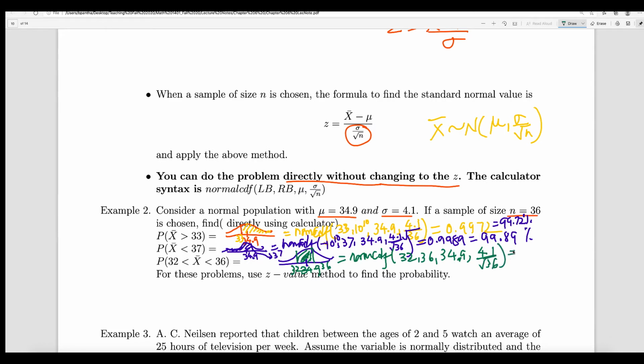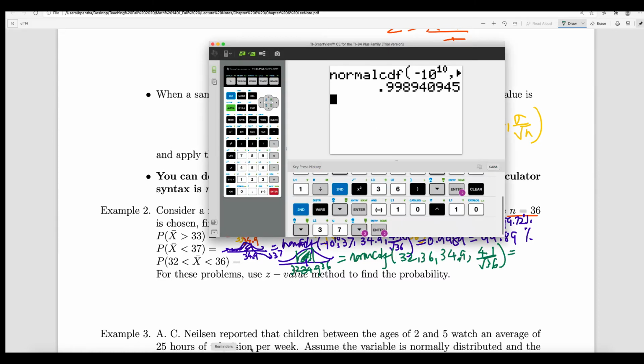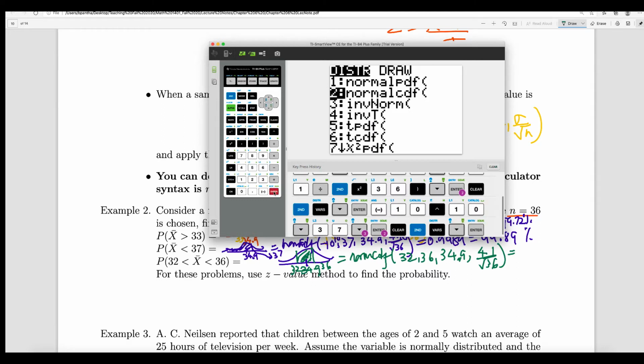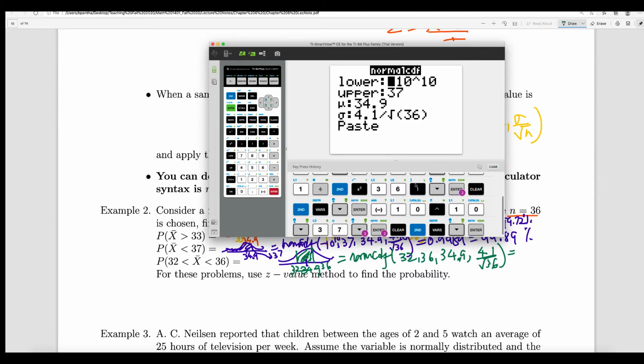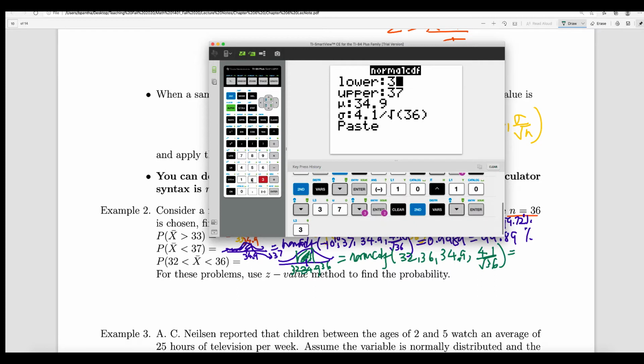If you use the calculator, what do you get? Let me clear that. Go to second vars, normal CDF, hit enter. The lower bound here is 32, and the upper bound is 36. Mean is 34.9. The standard deviation is sigma over root n because we are talking about x bar, the average.